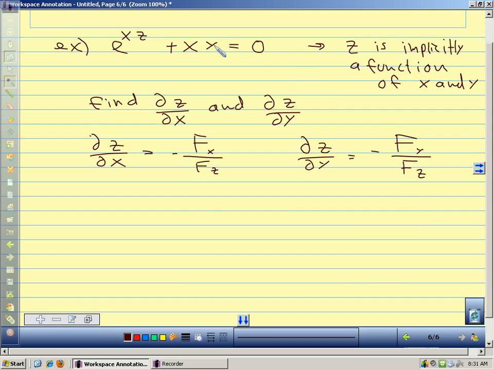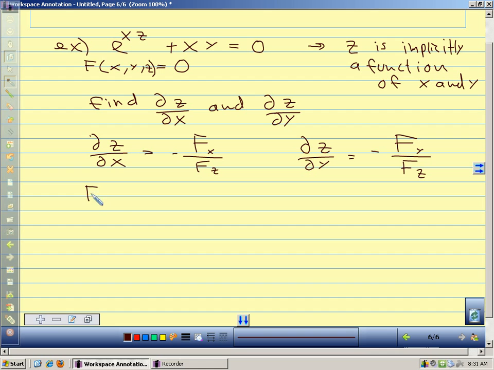And what we've written here is equivalent to saying that f of xyz is equal to 0. So this satisfies our condition for using our first case on our partial derivatives here. So we can take the partials of this function to find our derivatives here.